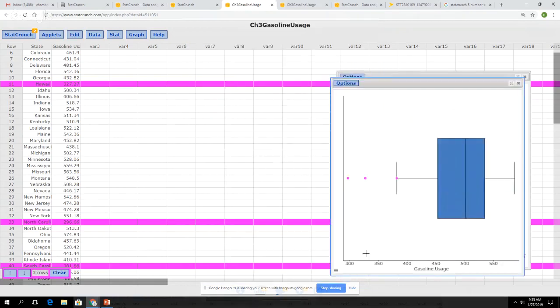So let's go here. All right. This line right here intersects the smallest data point within the fence. This hits the largest data point within the upper fence.